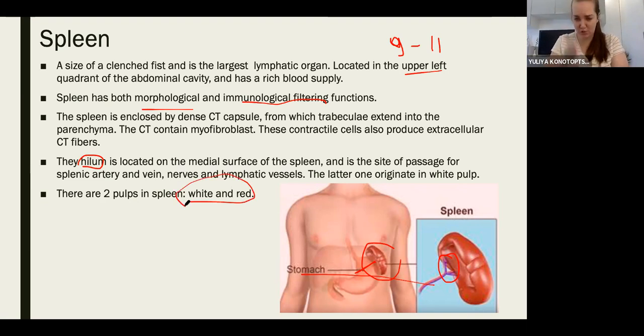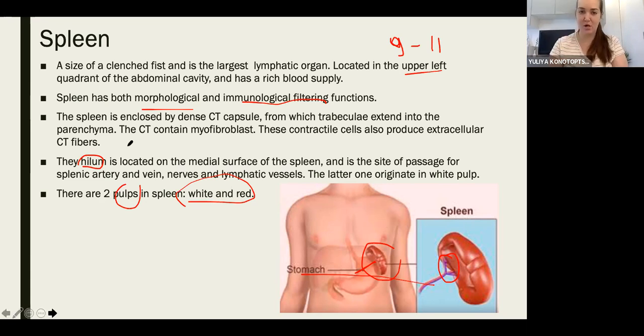When you cut a fresh spleen, not the one in your anatomy practice that has been marinated in formalin for at least 3 years, but a fresh spleen in pathology, you take it out of the dead person and start slicing it. You see that the core of the spleen is red, and we call it red pulp.